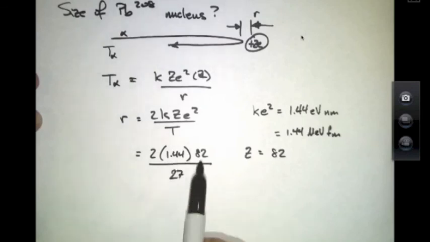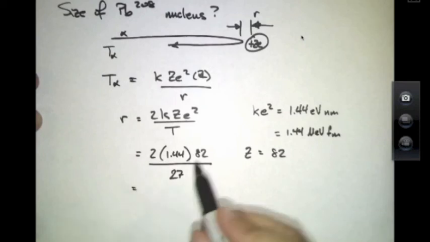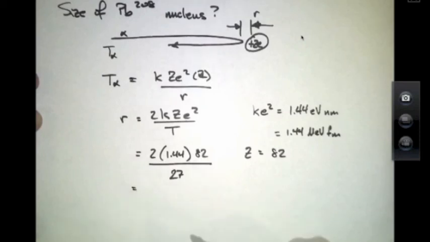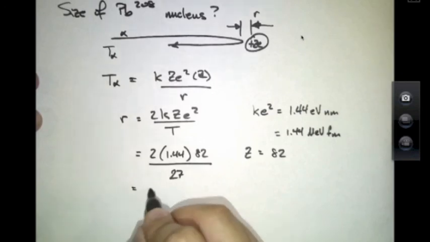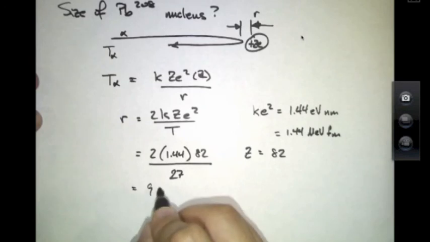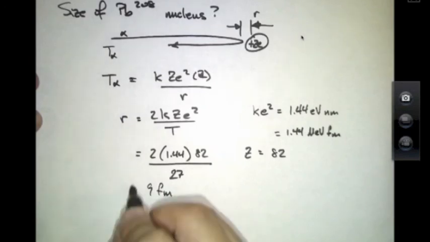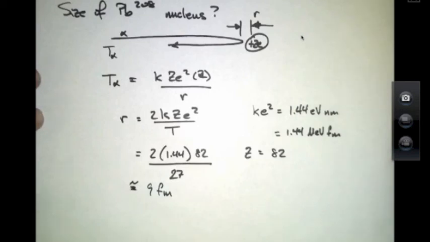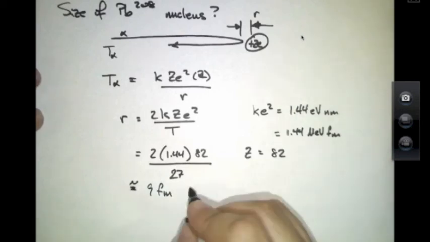This is MeV femtometers, and that's MeV. 82 over 27 is approximately 3. This is about 9 femtometers, give or take. And so this told us approximately what's the value for the radius.